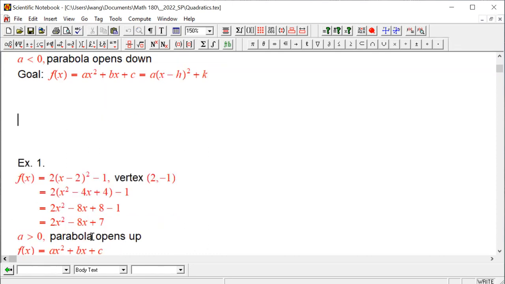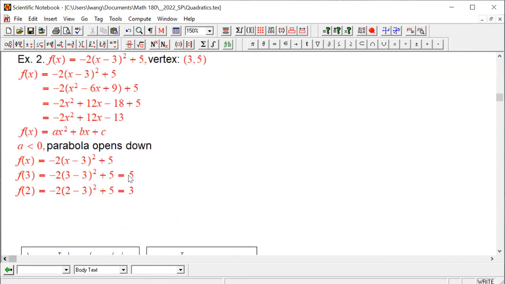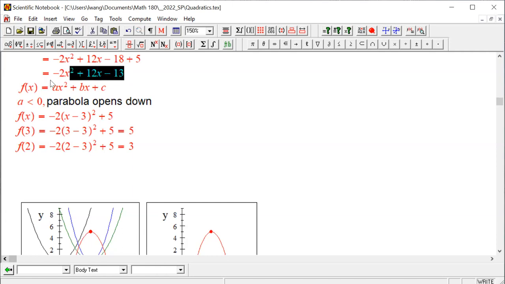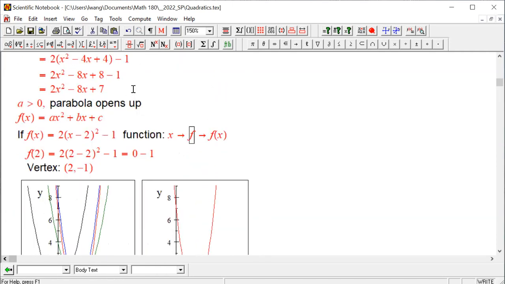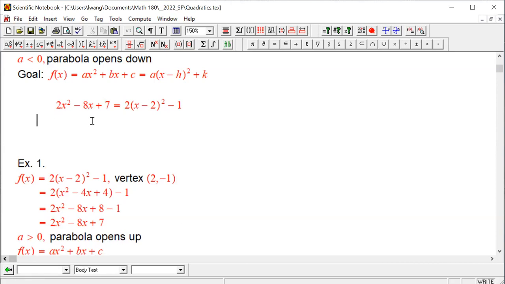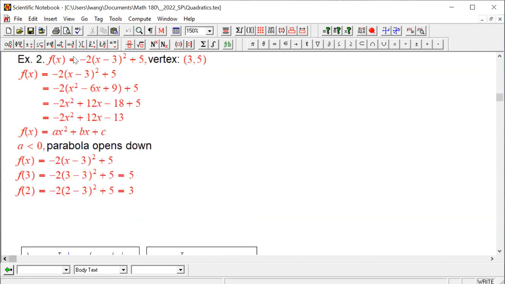For example, we might have this piece, which we know is the perfect square form, which is right here. So it's a reversal, a process that is reversed. We also know another example, and that is going to be converted to this perfect square.